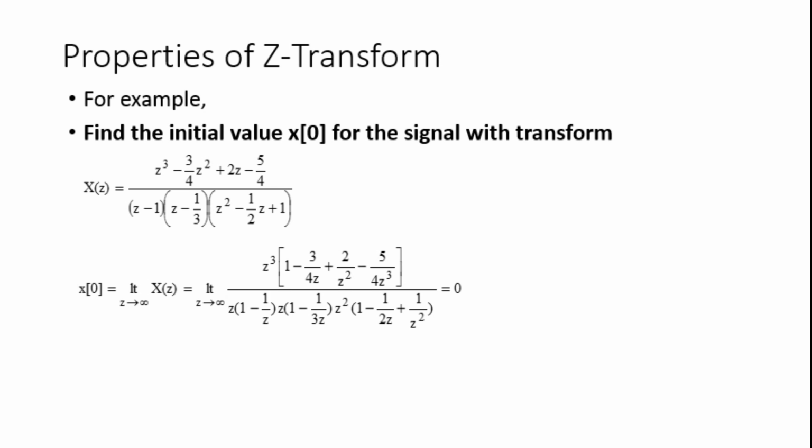If I take z cube outside, it becomes z cube into 1 minus 3 by 4z plus 2 divided by z square minus 5 divided by 4 z cube, divided by, if I take z outside, z into 1 minus 1 by z, into z into 1 minus 1 divided by 3z, into z square into 1 minus 1 divided by 2z plus 1 divided by z square, which is equal to 0.